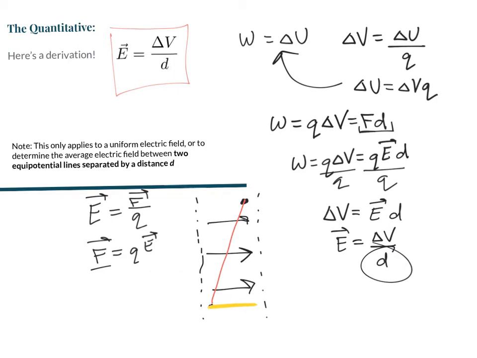So this distance, this d right here, is going to be the distance between the equipotential lines. This is not the distance between the 2 points. In general, it is the distance between the 2 equipotential lines that the points are laying on. And that's really going to mess you up if you do it wrong. So make sure you know that this D means distance between the equipotential lines.